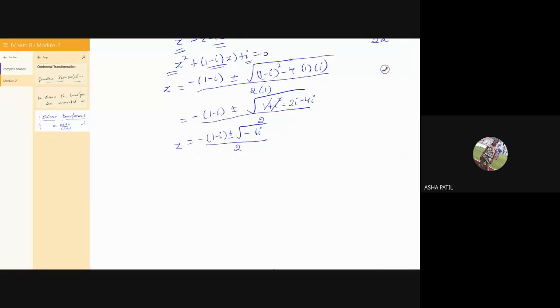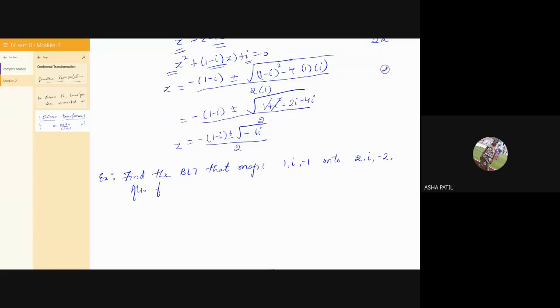Let us take another example. Find the bilinear transformation that maps 1, i, minus 1 onto 2, i, minus 2.